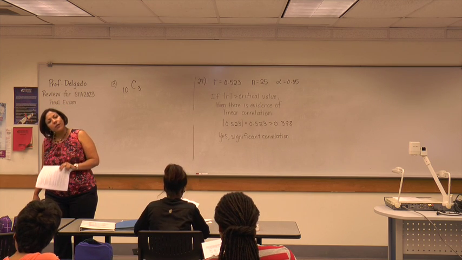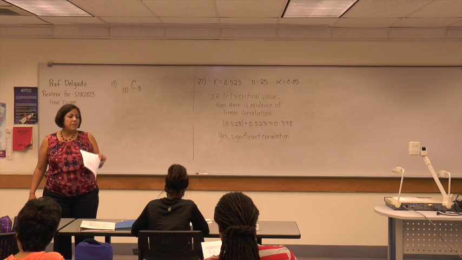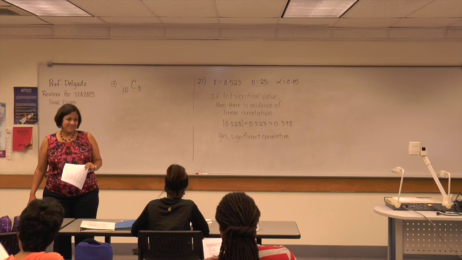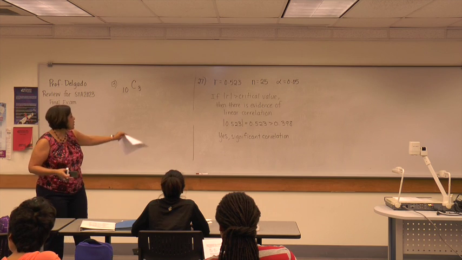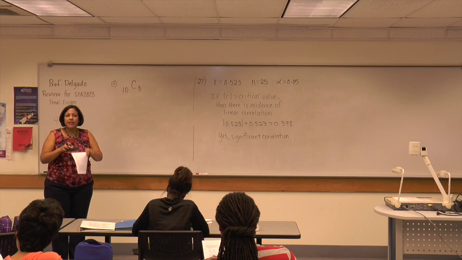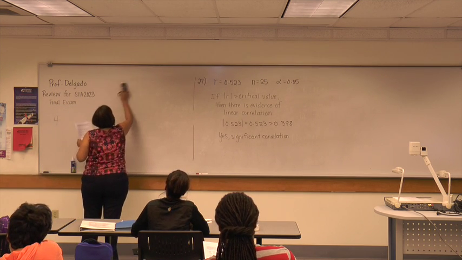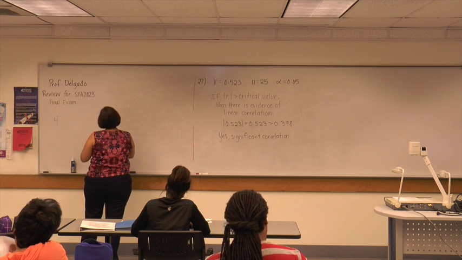If, however, the correlation is not significant, then our best predicted value will be the mean of the y's. So first determine whether you have linear correlation, and then use that answer to determine which of the 2 paths you're going to take. So this is number 28.